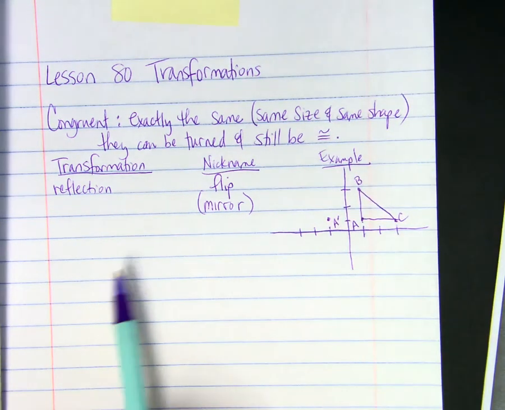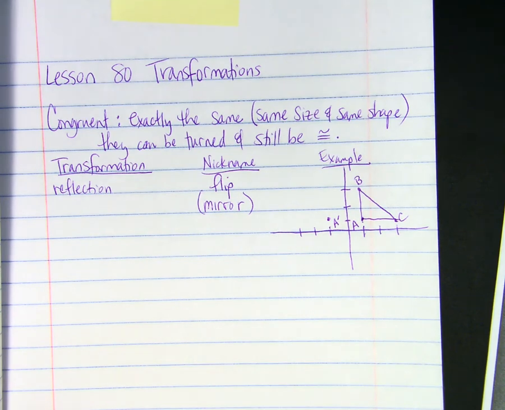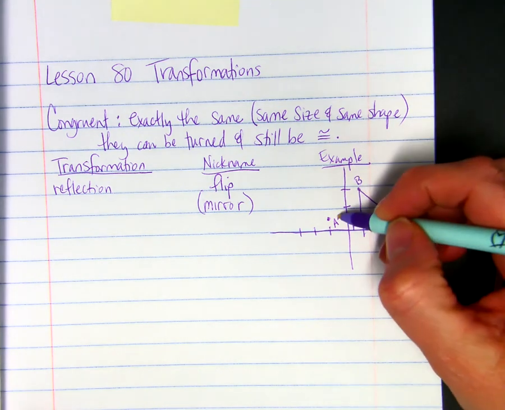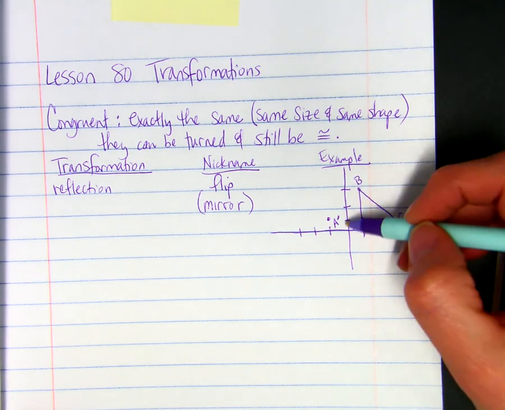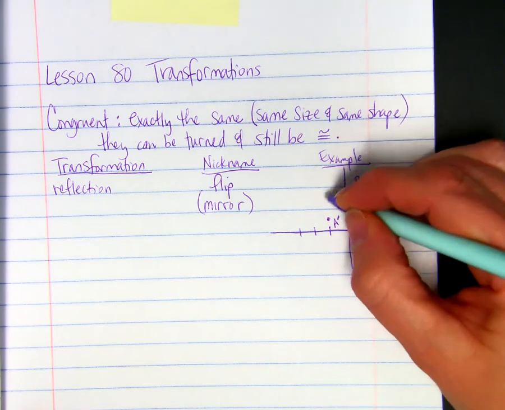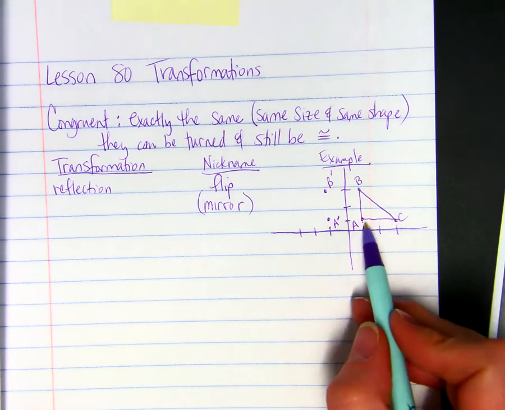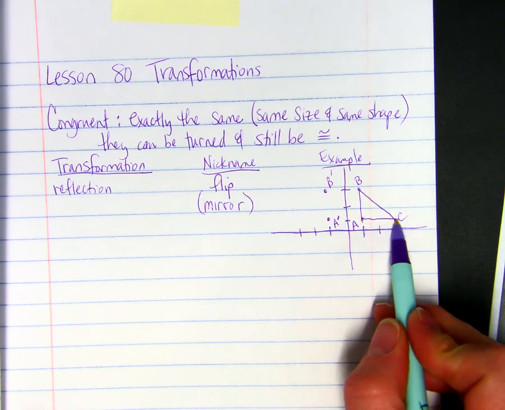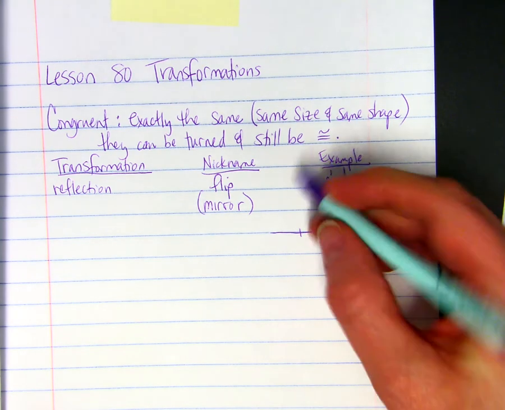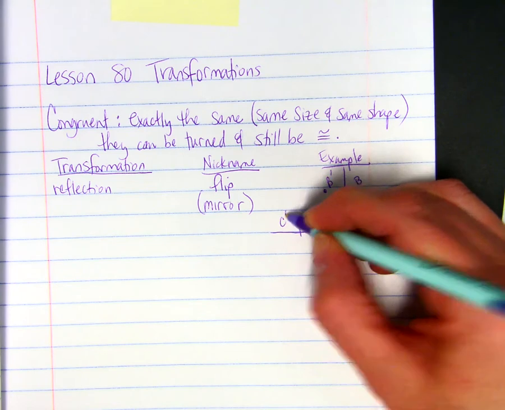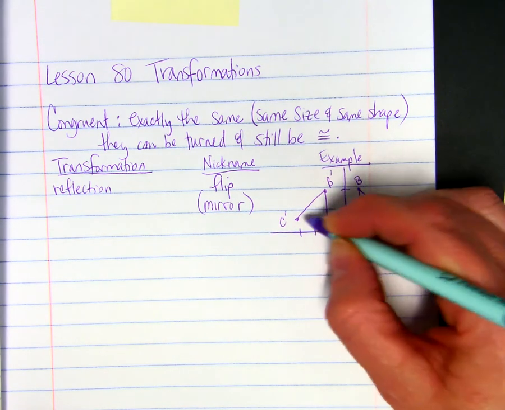So once you do a transformation, the vertices will all be labeled with prime. This is called a prime. So B prime would be at -1, 3. So that's the same distance away from the y-axis. The C was out to 3 units, so we're going to put it out to -3 here, and that would be C prime.